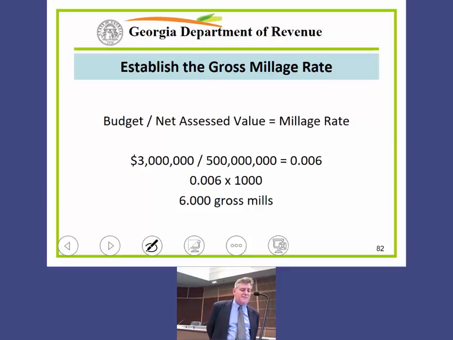So if you have a budget of $3 million that you need in ad valorem tax, and your consolidation sheets indicate net assessed value of $500 million, a millage rate of 6 will need to be adopted to collect the $3 million. That's the fractional formula you use to come up with a millage rate. Does everybody see that in a general sense?